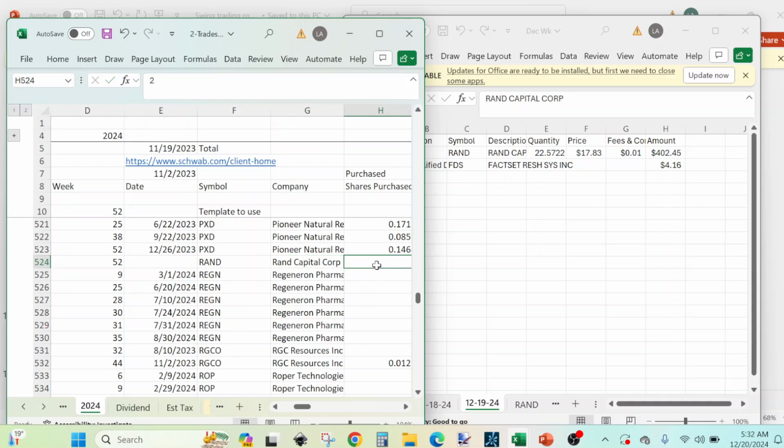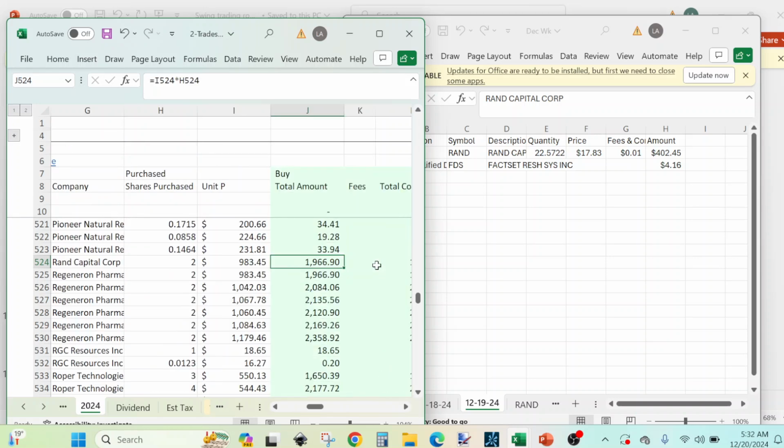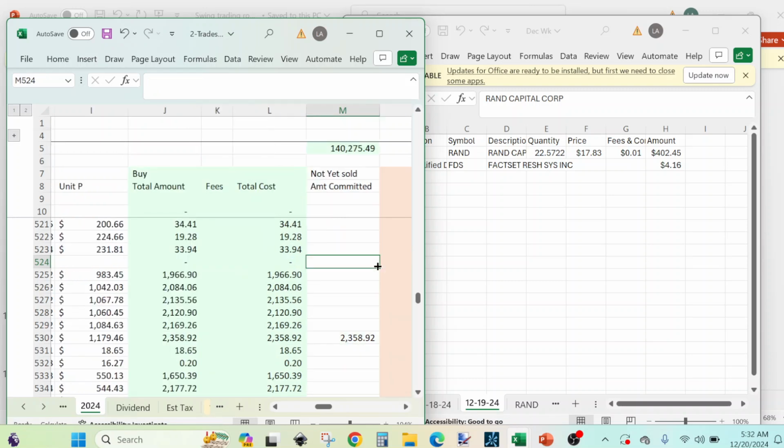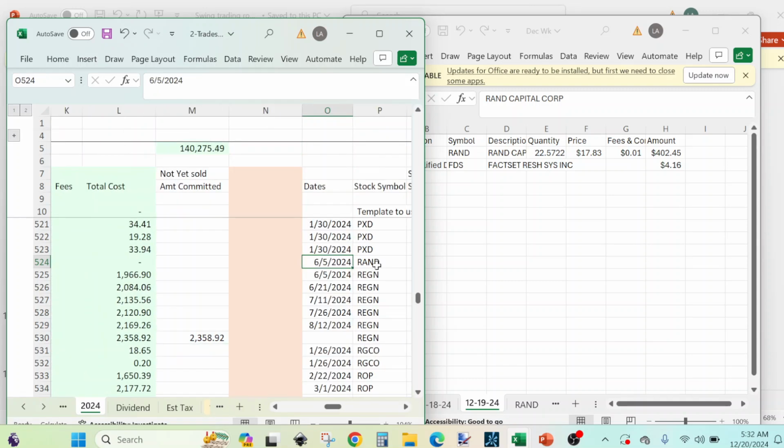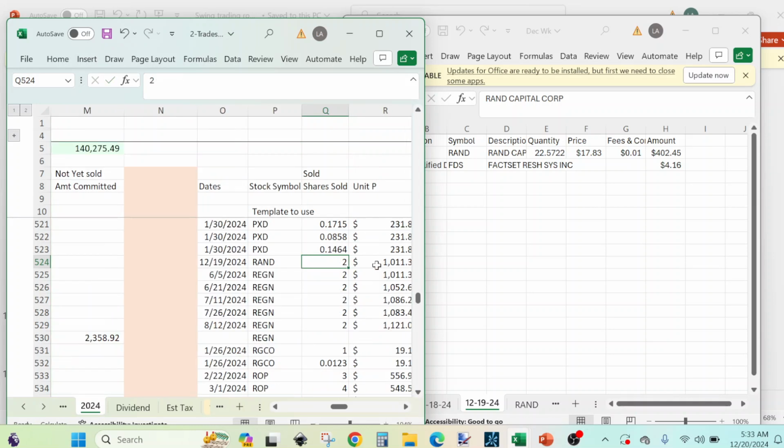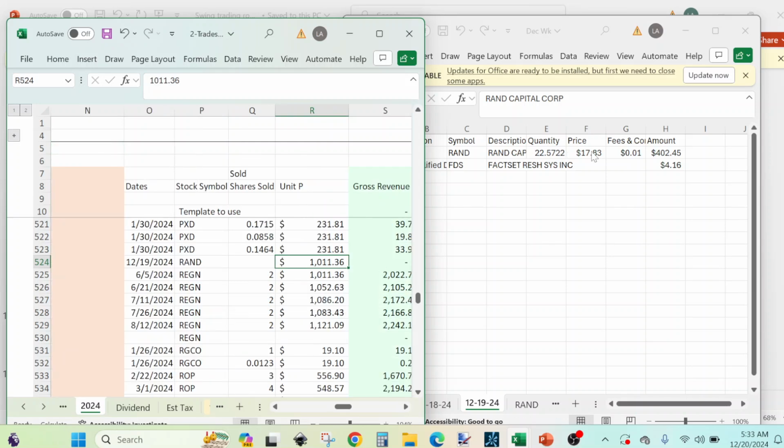and let's clean up the purchase section. Because we sold it on the 19th, and we sold everything, we are going to put the price we sold it at.